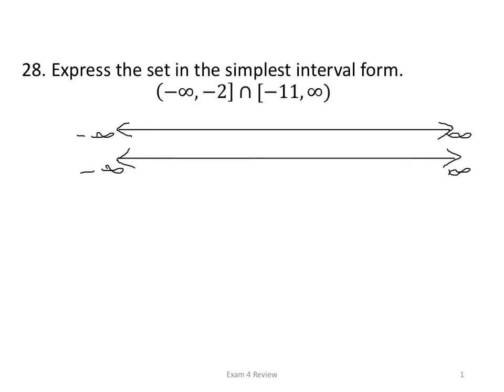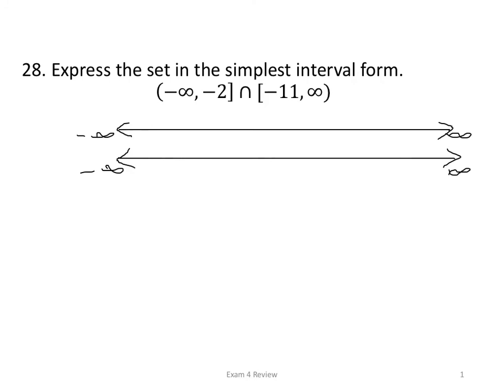Number 28 tells us to express the set in the simplest interval form. And I went ahead and drew lines so that we could plot these first on the number line and see what they look like there. We have the interval that runs from negative infinity to negative 2 intersecting the interval that runs from negative 11 to infinity.